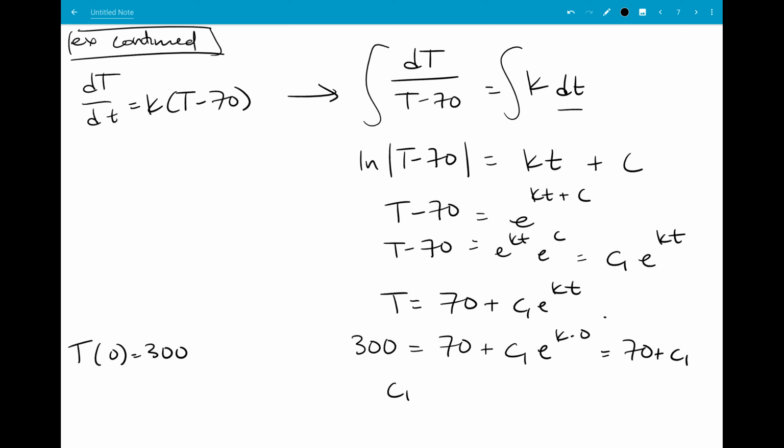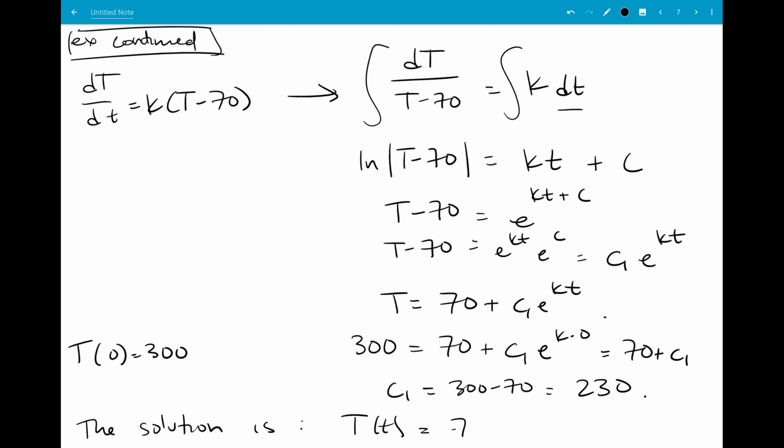That means that c1 should be equal to 300 minus 70, so it's equal to 230. So the solution is T is equal to 70 plus 230 e to the kt. We're not quite done here, but that's solving a separable equation as we learned it so far.